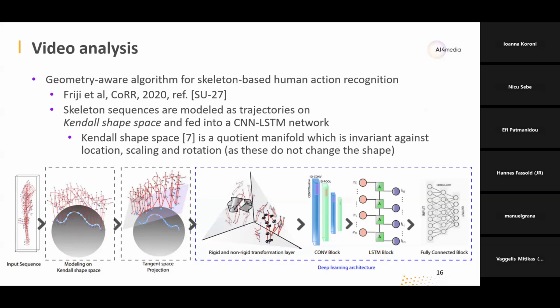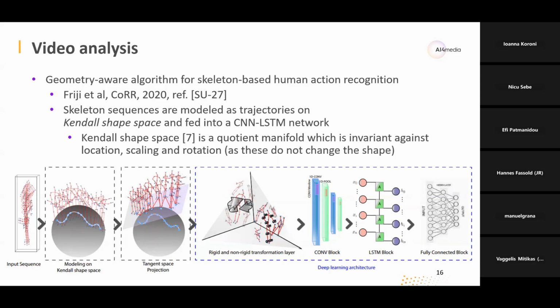And the interesting thing is that they are modeling these skeleton sequences here not as a graph, but as trajectories on the so-called Kendall shape space. And then they're feeding it into a sort of classical CNN-LSTM network. The Kendall shape space is a manifold, a special one.